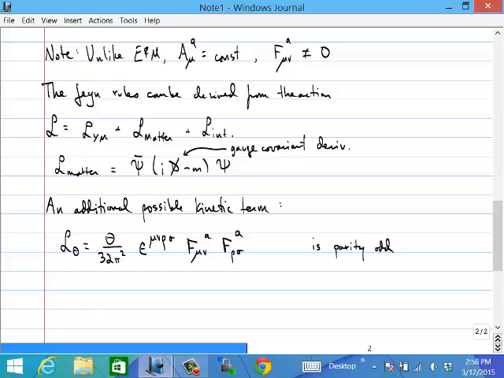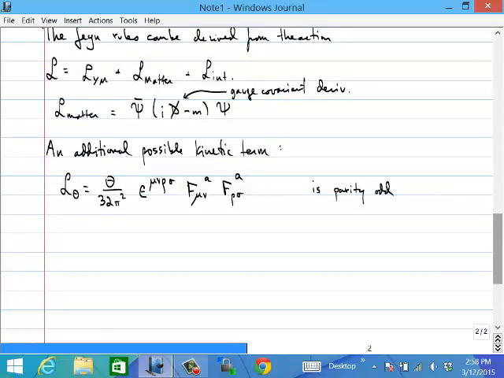Okay, there we go. Another very interesting feature of this possible addition to the Yang-Mills Lagrangian is that, in fact, L theta does not affect either the equations of motion or the Feynman rules.